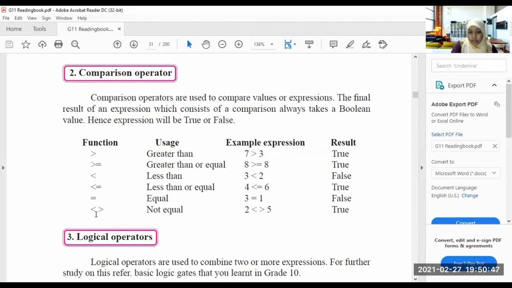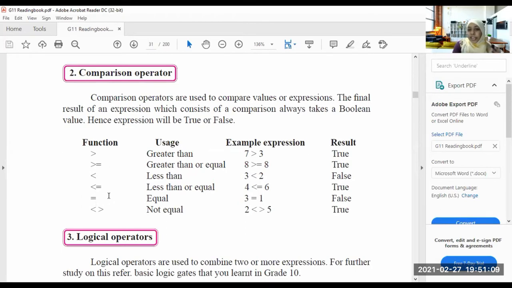Equal. This is the symbol we are using for equal. Not equal means we use it like this. Normally we are not writing not equal like this, right? We are cutting this equal sign when we are using it in mathematics.